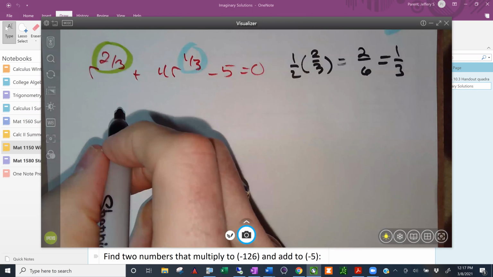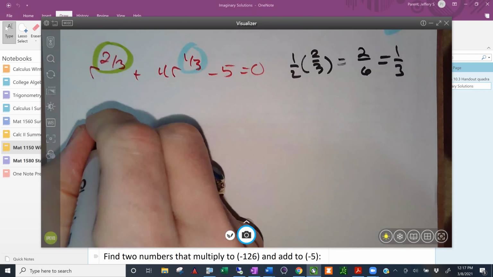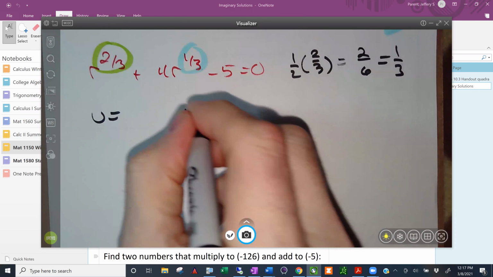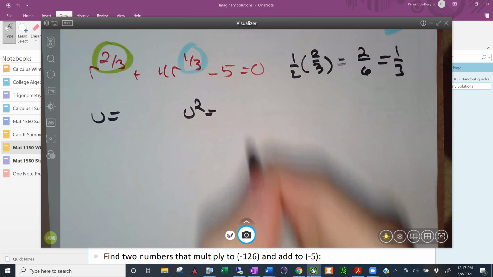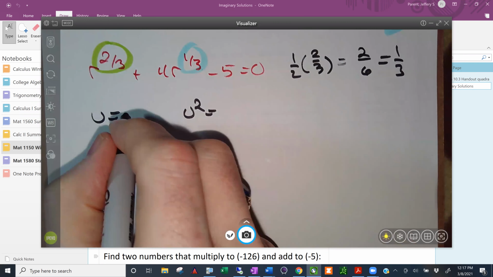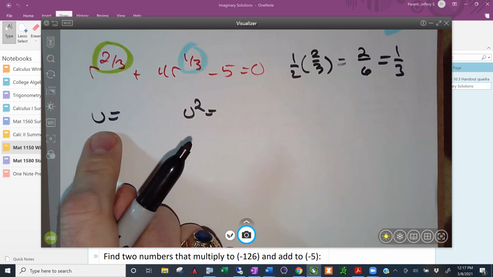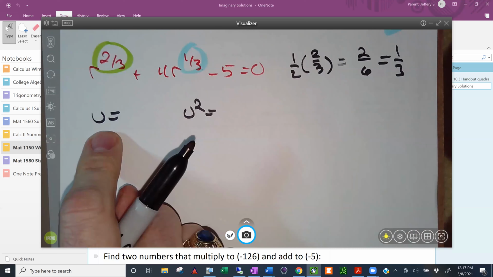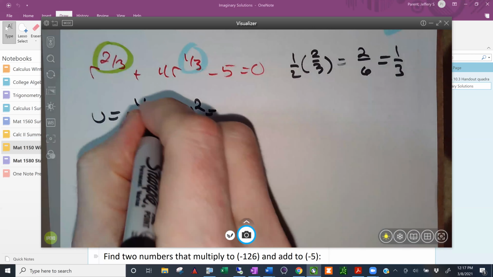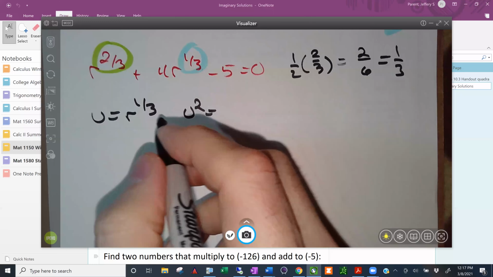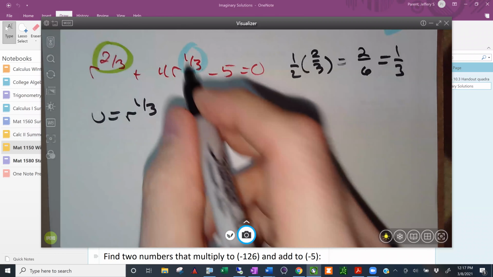Now, that suggests a substitution. Can anyone tell me what that substitution is going to be? What should I let u equal? r to the 1/3. And I appreciate very much that you didn't just say 1/3, because it's the whole variable term there.